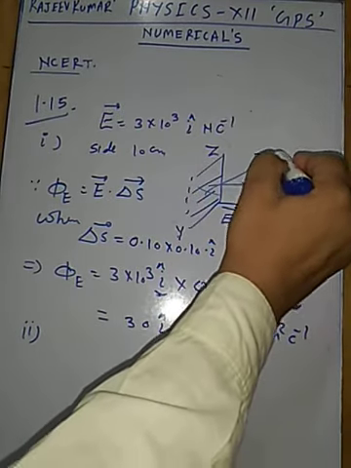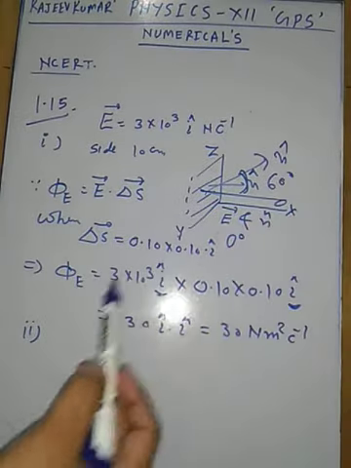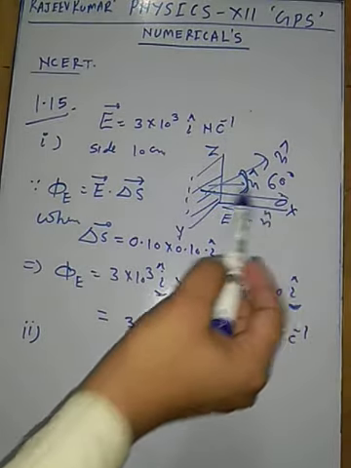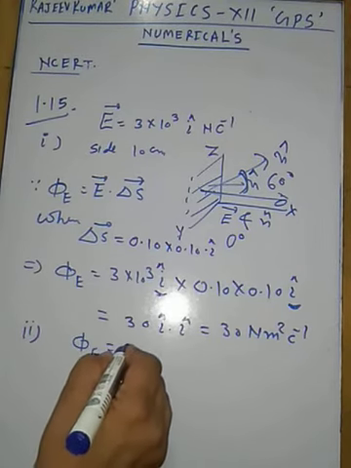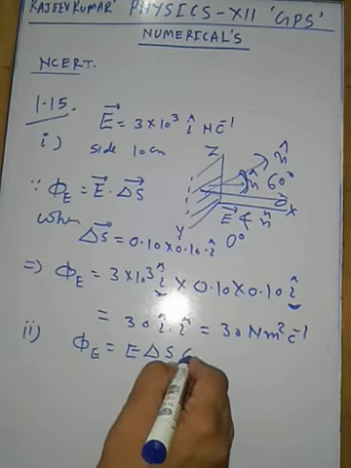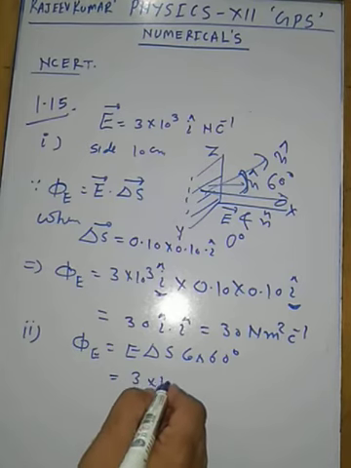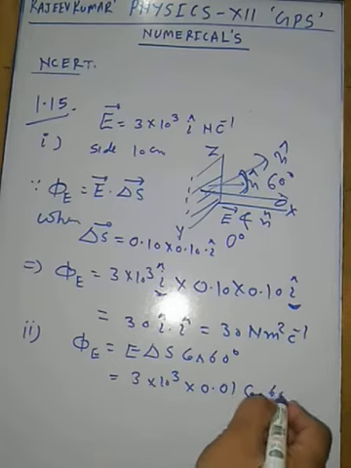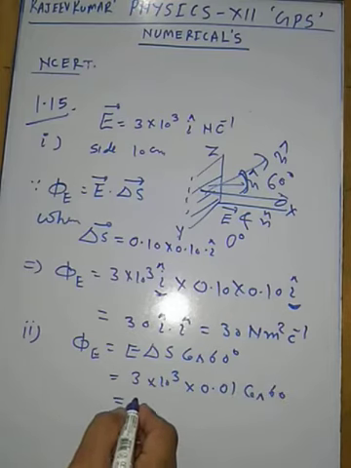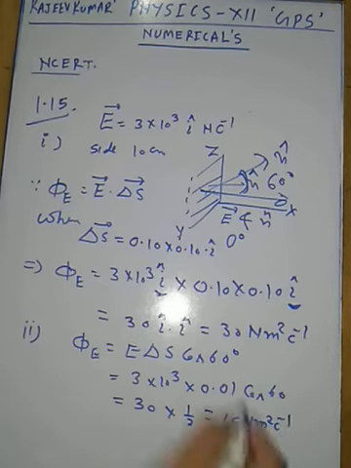If this normal is making an angle of 60 degrees with the direction of the electric field, then flux can be written as E delta S cos 60 degrees, which is 3 into 10 raised to the power 3, 0.01, and cos 60. You know the value of cos 60 is 1 by 2. It is 30 into 1 by 2, which equals 15 Newton meter square coulomb raised to the power minus 1.